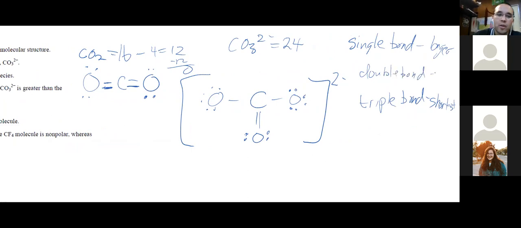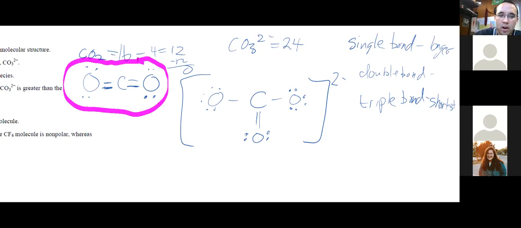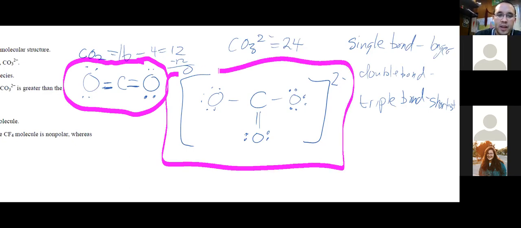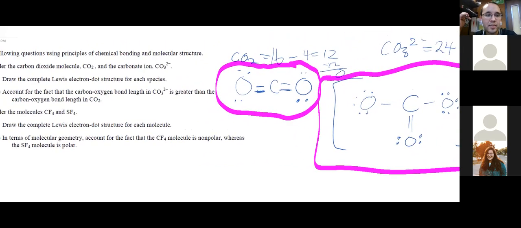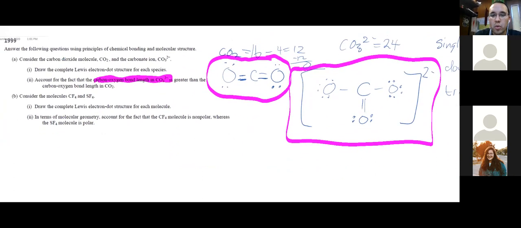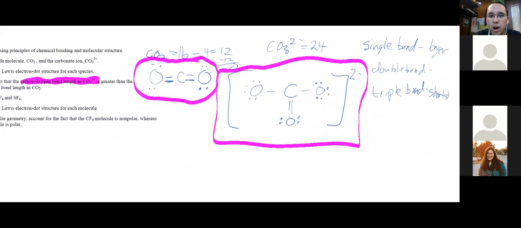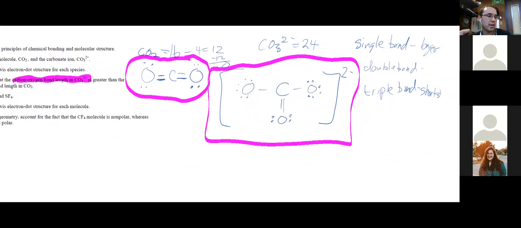Okay. So we're looking at carbon dioxide here, and we're comparing it against carbonate here. And so we're looking at any of those bonds between carbon and oxygen. And so it asks us, why is the bond length in carbonate longer than the carbon-oxygen bond in CO2?